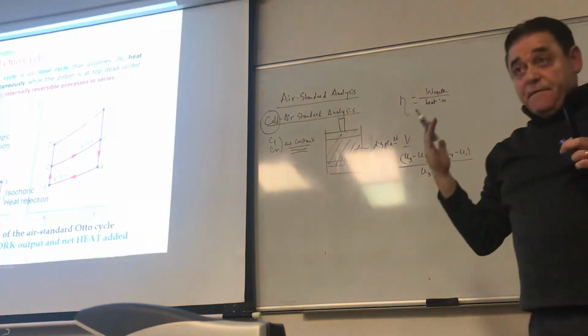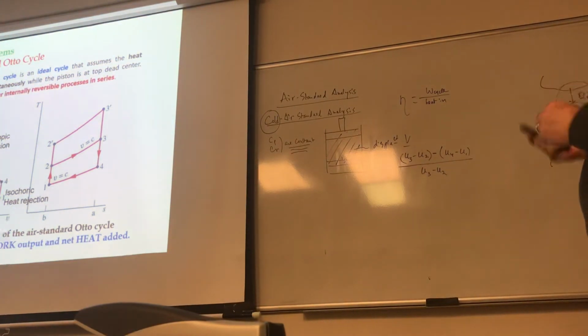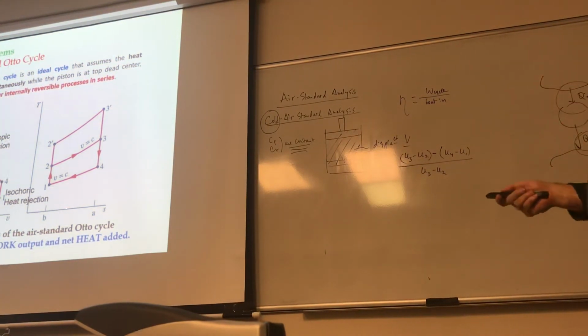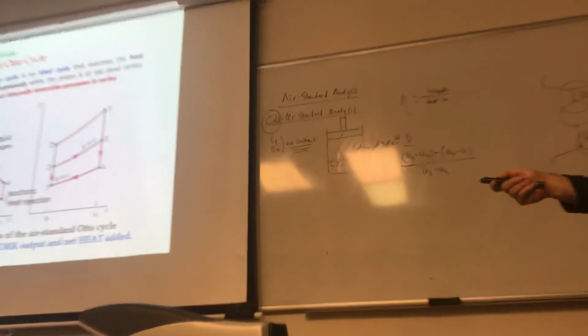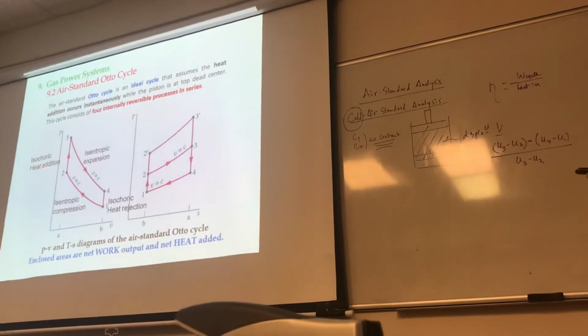That's the efficiency of any power cycle. Now let's take a look at this. Where is the heat in occurring in here? Well, look at that, heat addition. Between which position and which position? 2 and 3, right? So it's obviously going to be U3 minus U2. That's why in the denominator here you have U3 minus U2.